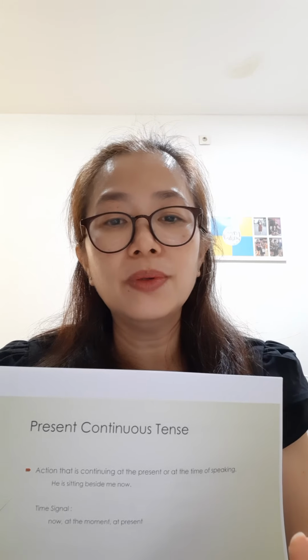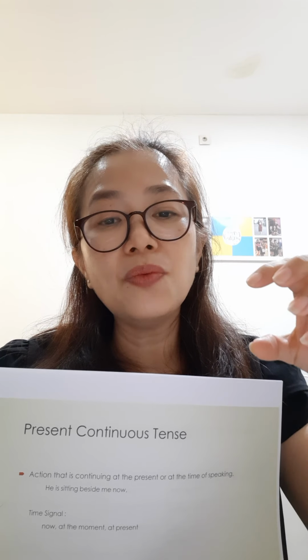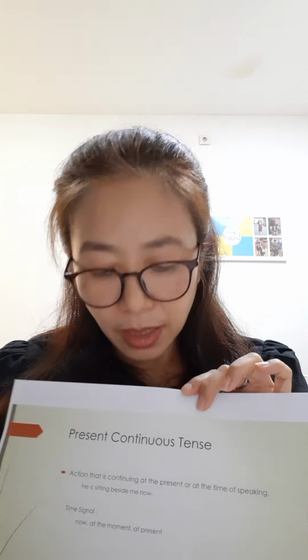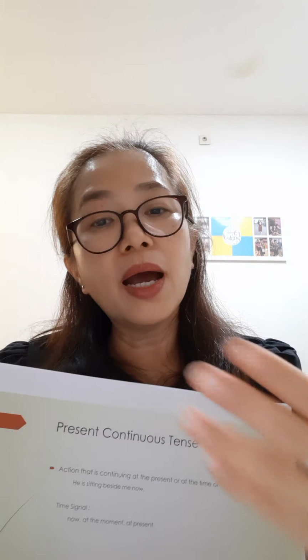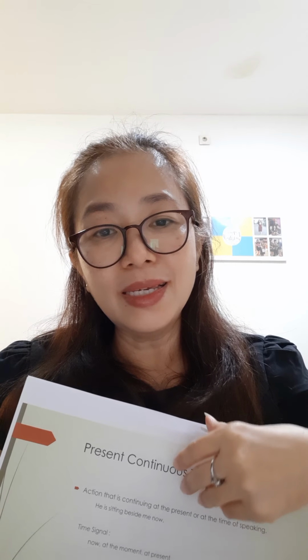For example, what are we doing now? We are studying now. So the things that we are doing now, at the time when we are speaking, we have to use present continuous tense. So that is present continuous.